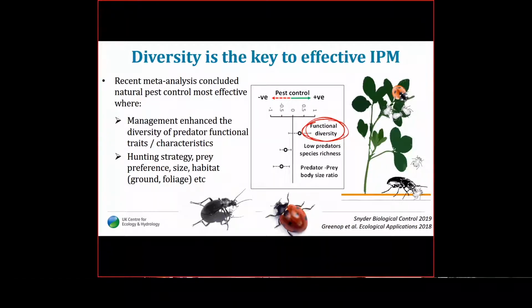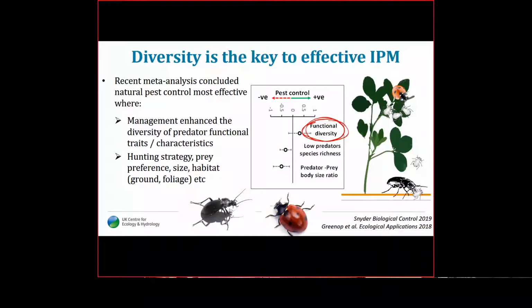They'll fly around and eat aphids as they see them on the wheat plant. But the aphid's natural defense is to drop to the ground when it sees the ladybird. So some of the aphids will escape the ladybird by dropping to the ground, where they're promptly eaten by carabids, because the ladybird and the carabid have two very different hunting strategies. One is an aerial predator, one is a ground predator. And so together, they're going to add up to a lot more pest control than if you just had ladybirds or just had carabids.